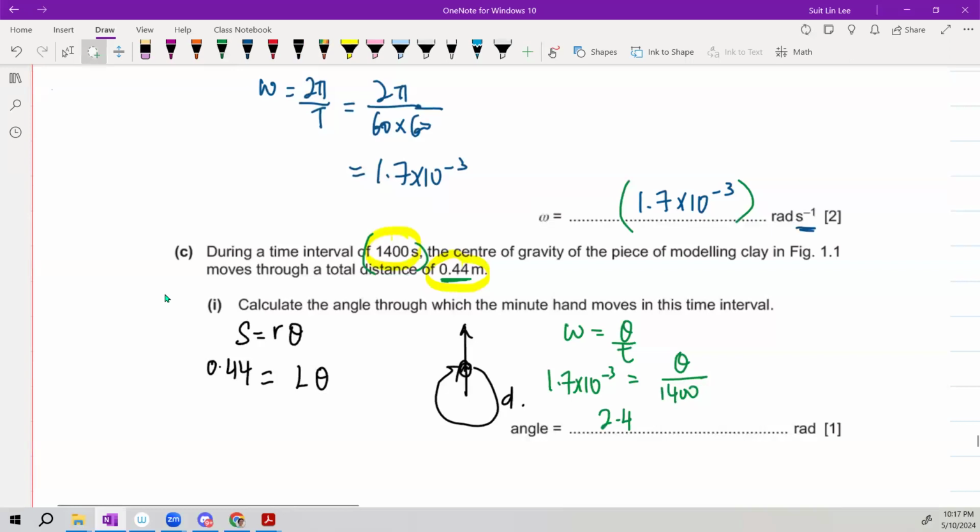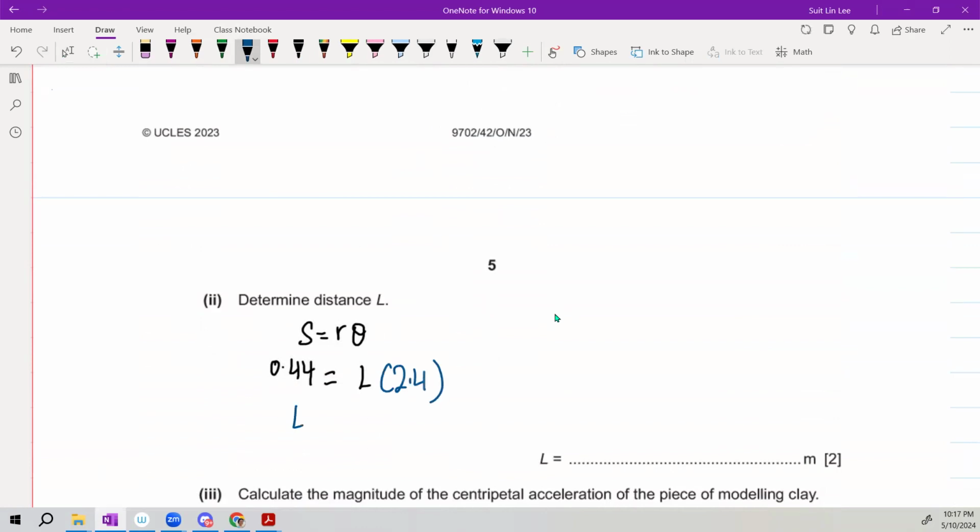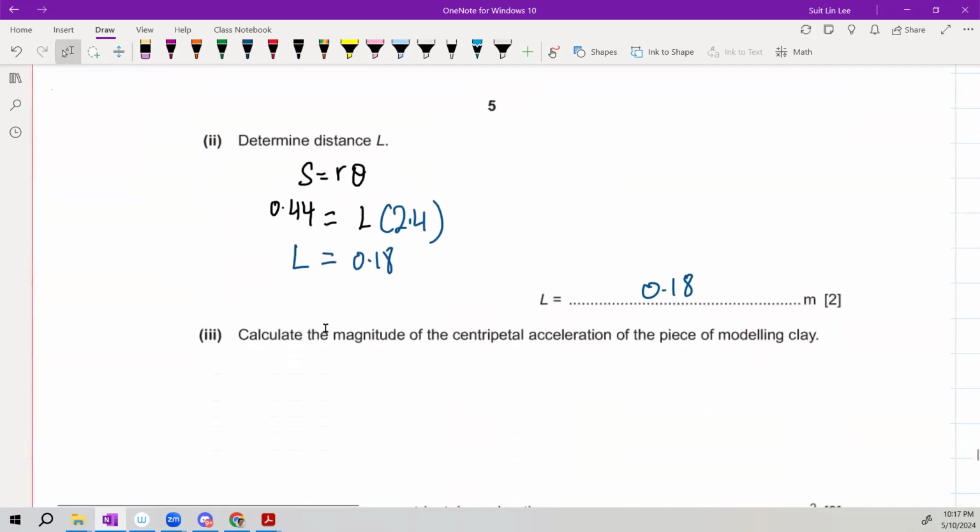And I can take this with me to this part, determine L. Theta is 2.4, so L would be 0.18. This is also the radius of the circle formed by the clay.